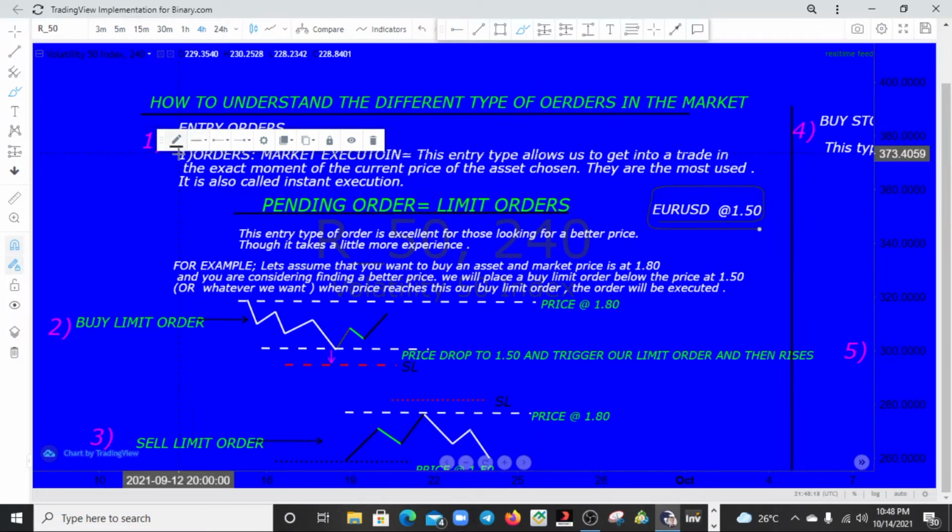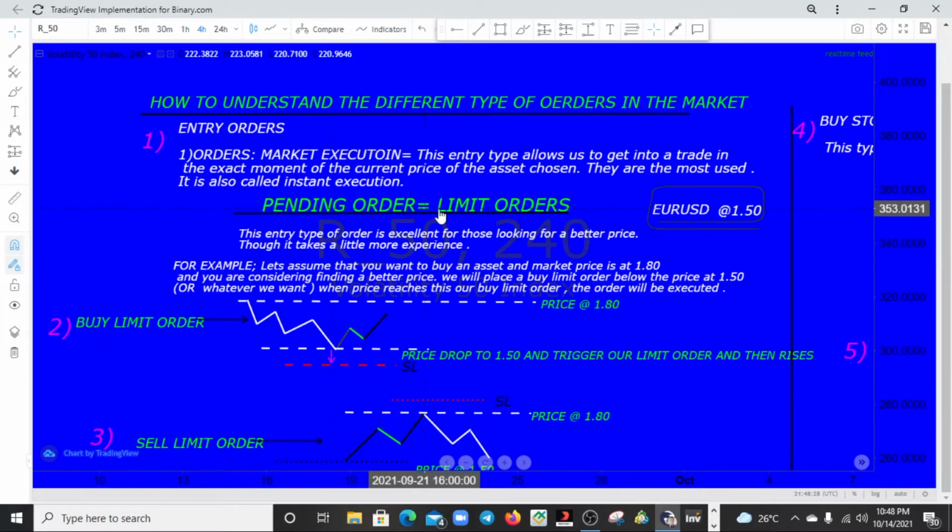Right, now let's go further into pending orders. This one is not a pending order, but when you come to pending orders, we talk about some basic points here. Pending orders have limit orders. Now in limit orders, this entry type is excellent for those looking for a better price, though it takes a little more experience.